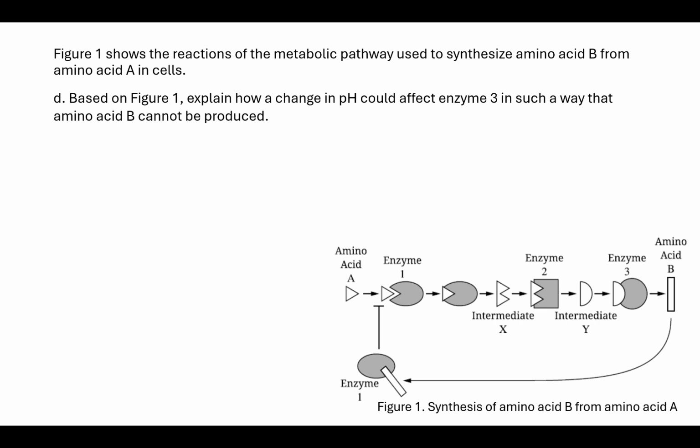All right, so we are explaining how a change in pH could affect enzyme 3 so that amino acid B cannot be produced.